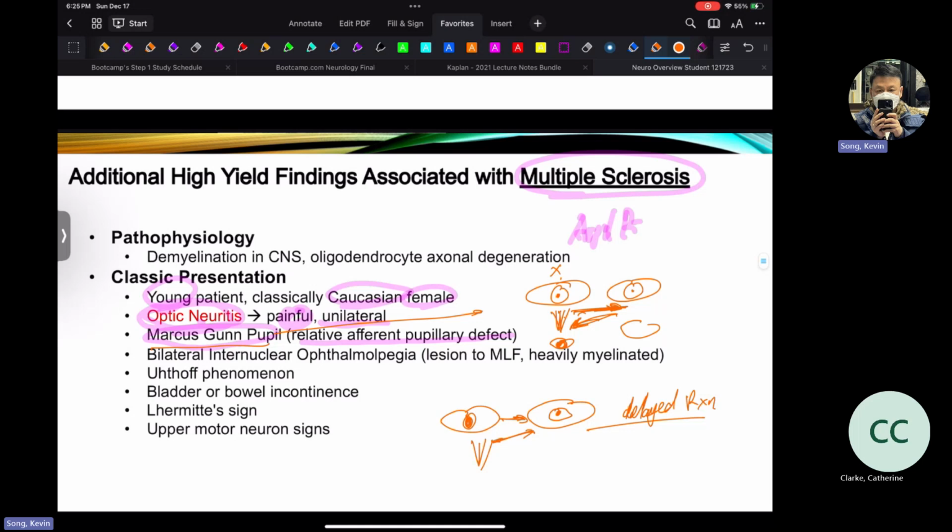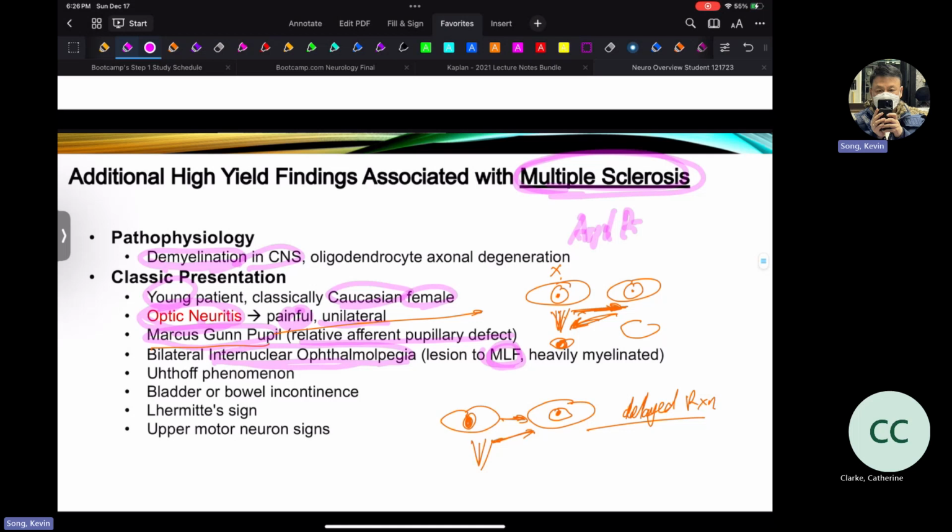Another thing is internuclear ophthalmoplegia. This is a problem with the MLF, and it's basically a demyelination problem, demyelination in the CNS. So what's going to happen if it's demyelinated?